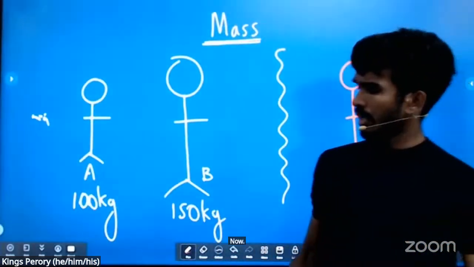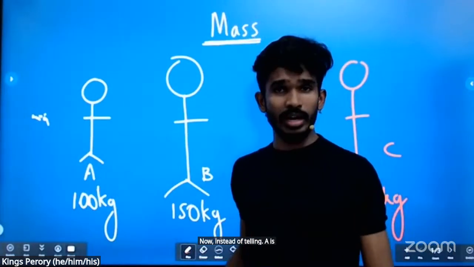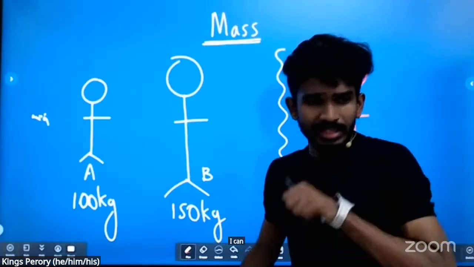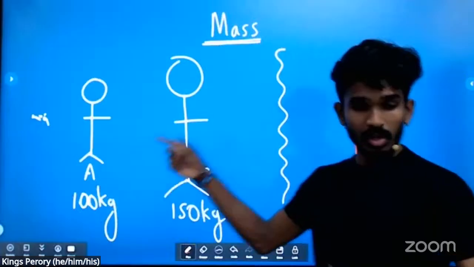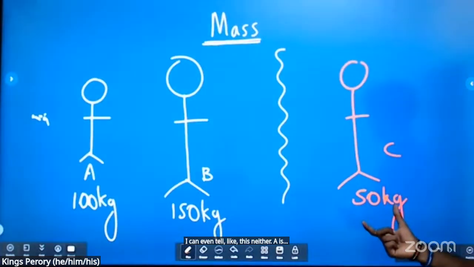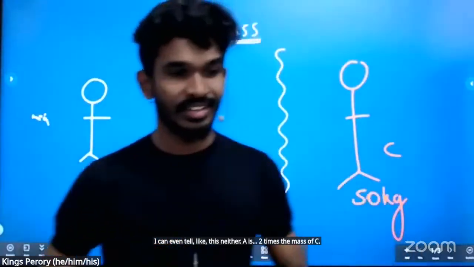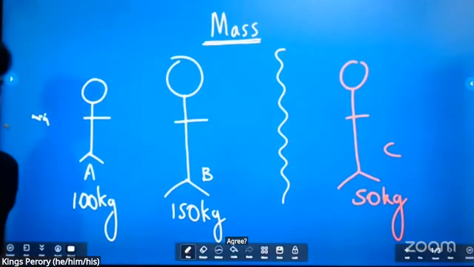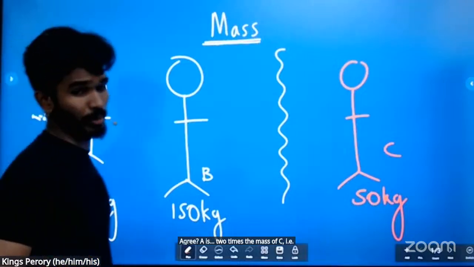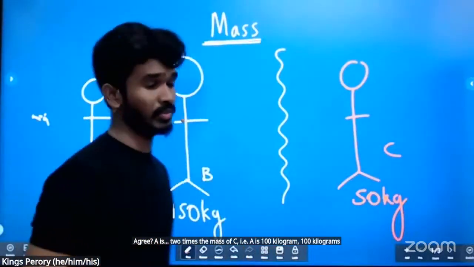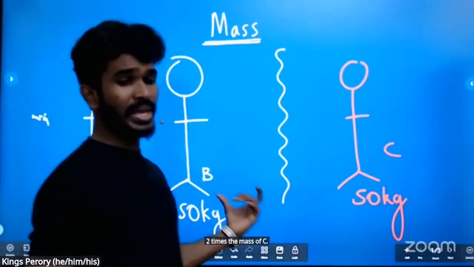Now, instead of telling A is 100 kilograms, I can tell it like this: A is 2 times the mass of C. Agree? A is 100 kilograms, and 100 is 2 times 50.